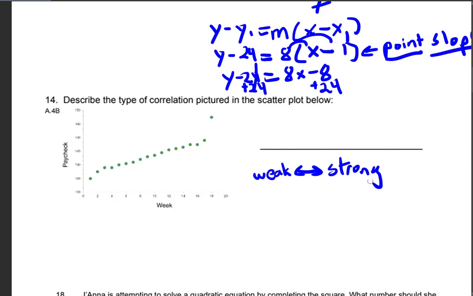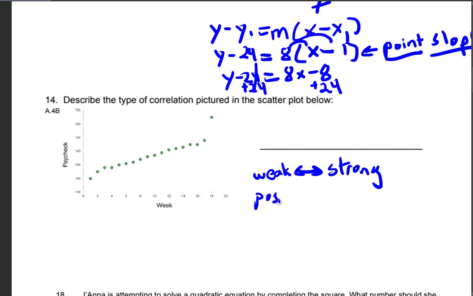If they follow a strong linear pathing, that would be what we consider a strong correlation. Weak would be if you just don't see them following kind of a straight line. So weak, strong, and then there's another one.